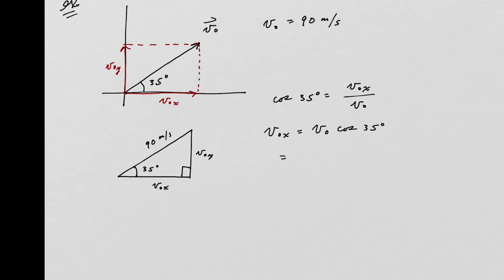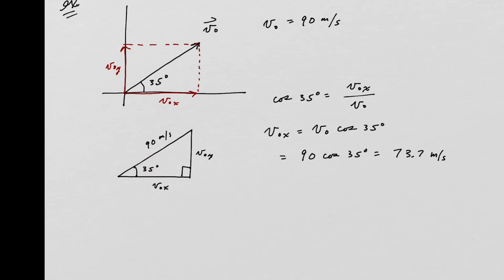In this case, your v naught is 90, so 90 times cosine of 35. And it's positive, right? It's pointing in the positive direction. So this is going to be positive 73.7 meters per second.